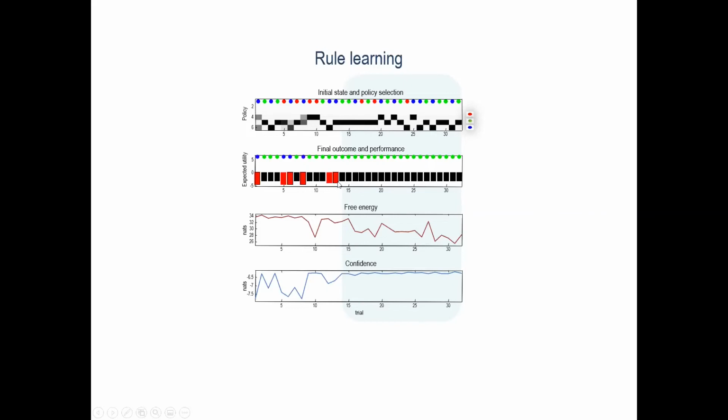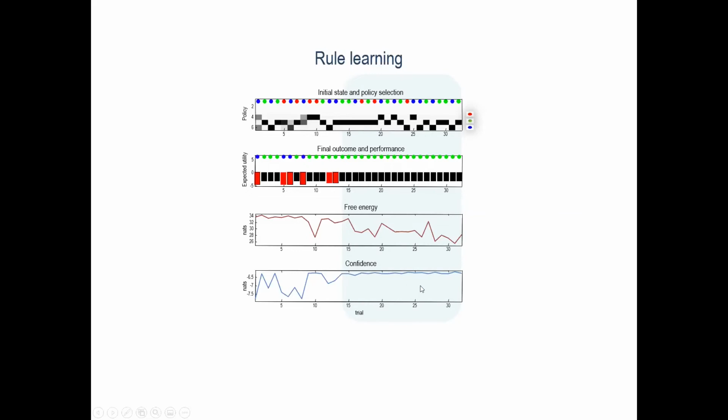But after the 14th exposure, the 14th trial, this agent is able to learn enough to perform with 100% correctness or accuracy, at which point she becomes quite confident about her policies and her choices and her responses, and then the free energy consequently falls. So this is the negative ELBO in machine learning that reflects partially this increase in confidence.